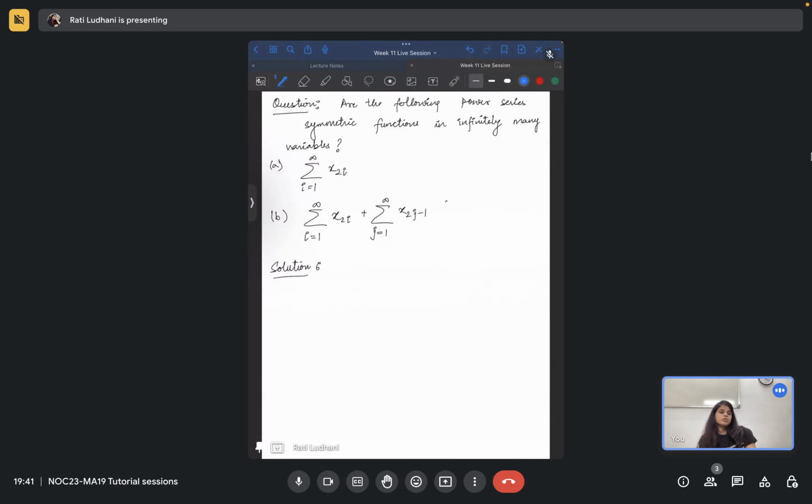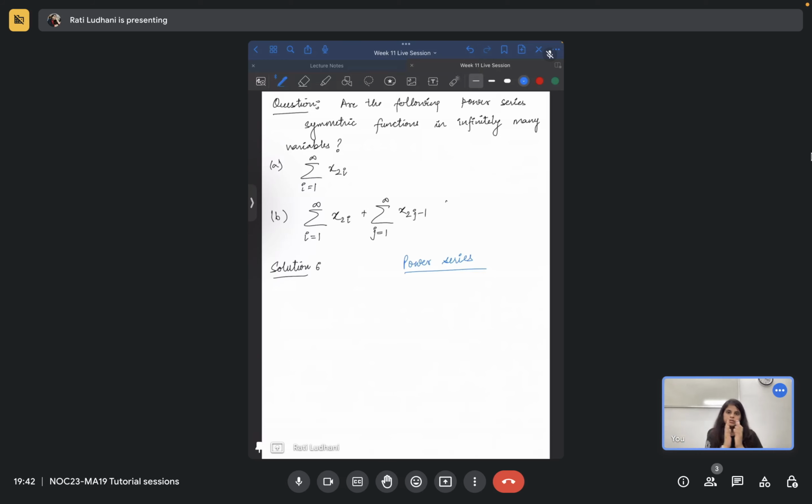Are the following power series symmetric functions in infinitely many variables? So in infinitely many variables, if you have seen the lecture notes, power series could be anything.